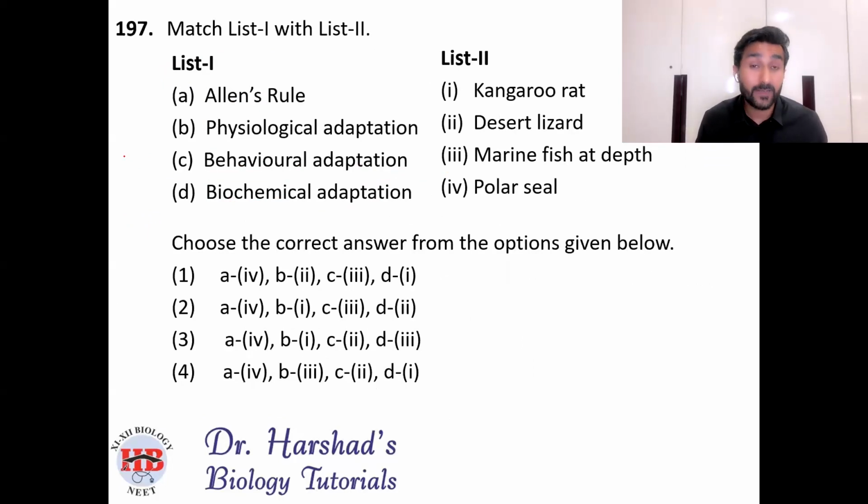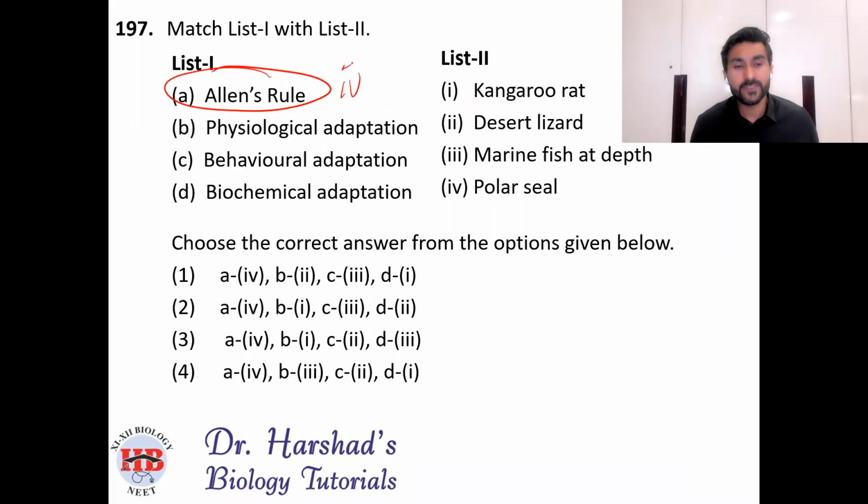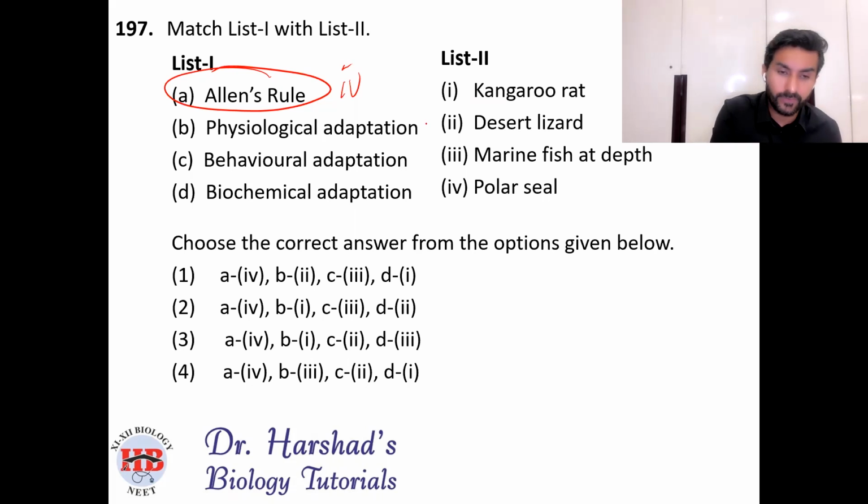Now, this is a part which is under adaptation. If you remember, Allen's rule is about the surface area for heat loss, and it gives you the example of small ears which are found in polar animals like polar seals. So A would be 4. Physiological adaptation, you have the example of kangaroo rat showing oxidation, that is B1.